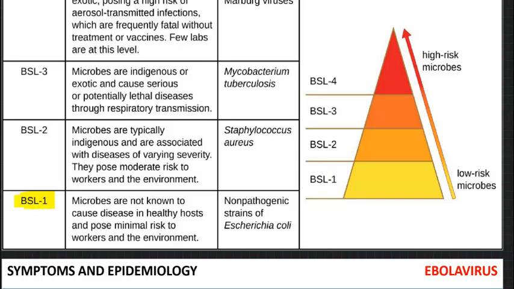This is the containment level we are working at. So microorganisms do not cause, I will specify, severe disease in a healthy person. Okay? Have minimal risk to the environment. And even if they do have a capacity to cause the disease, it is very easily treatable and not life-threatening.